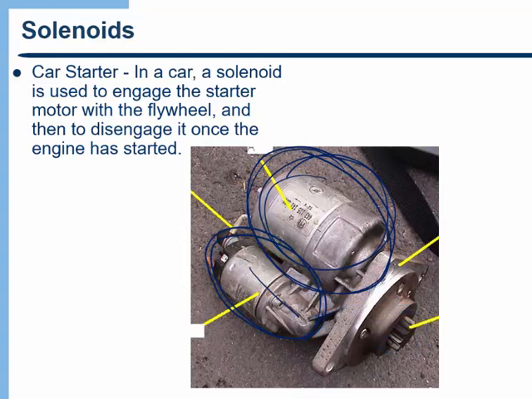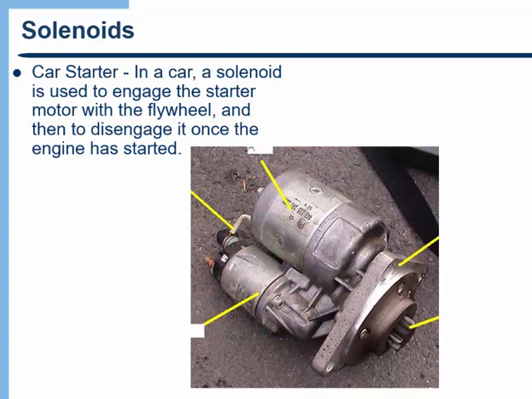So if you've ever had the situation where you turn the key and it just clicks, that can be either because you have a bad solenoid on your starter, or the battery is dead enough it won't engage the solenoid so that the starter engages and starts spinning the flywheel.